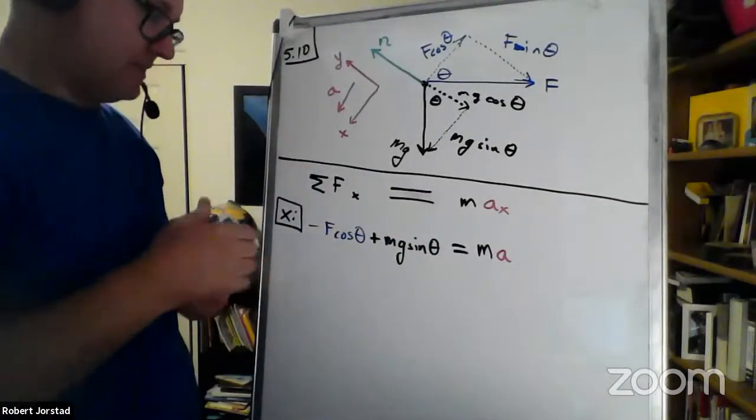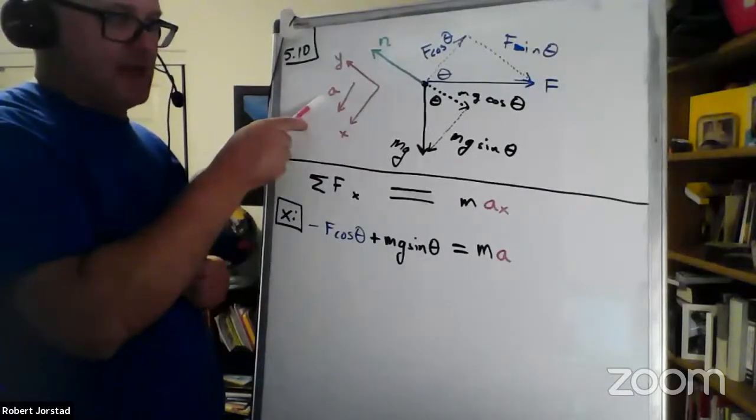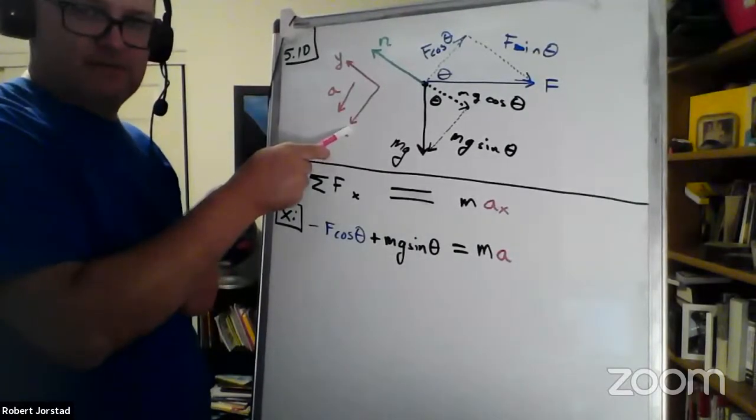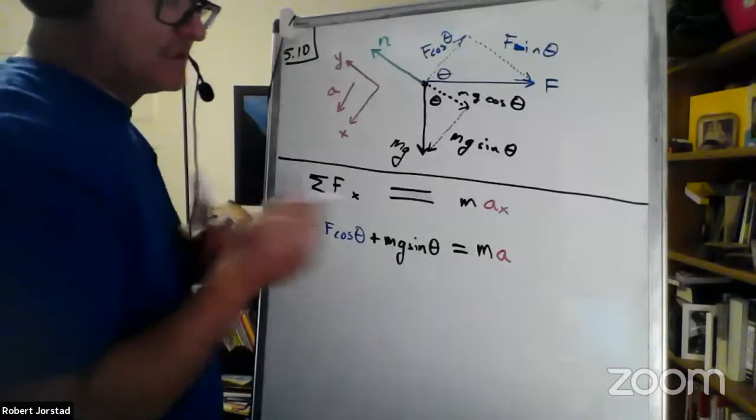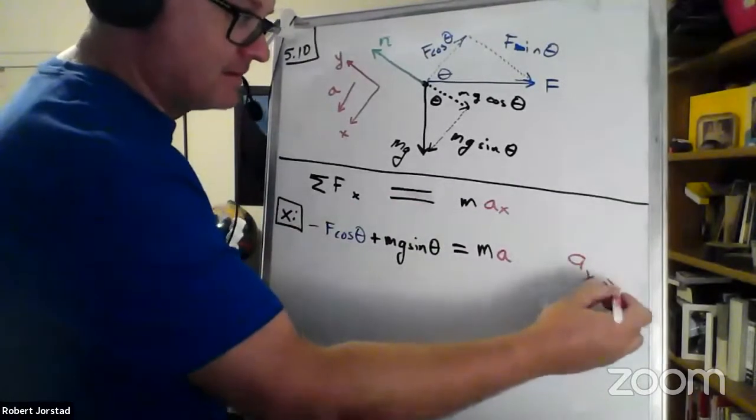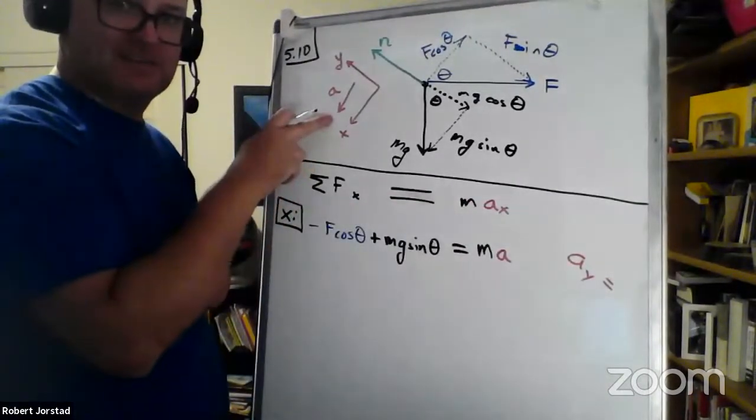All right, so let's keep going. I just had a quick question. Yeah, go for it. A represents a sub x right there, right? In this case, do you agree that A, all of it, is in the x direction? Oh, yeah. And that's why we did this. Tell me right now, what's AY based on this picture? 0.